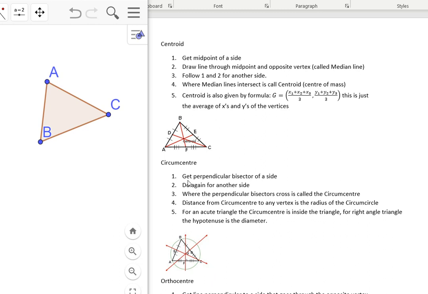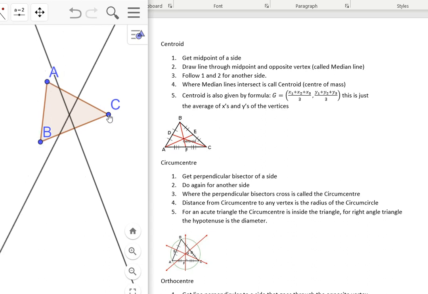And to do that, we are going to get the perpendicular bisectors of each side. So I've set that up here. We get the perpendicular bisector of one side, we get the perpendicular bisector of another side. Where these two lines cross each other is the center of a circle that goes through all of our vertices.